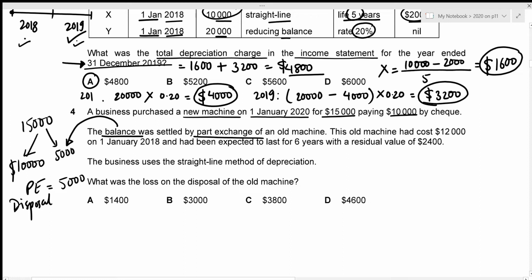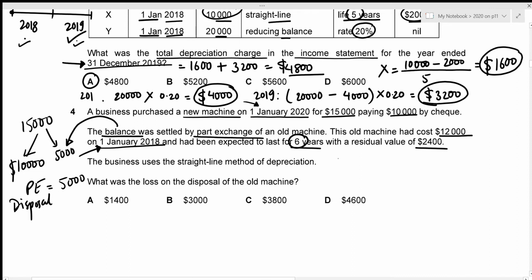And this old machine had a cost of 12,000 on 1st January 2018 and had been expected to last for 6 years with a residual value of 2,400. As we can see, we're given the cost, the residual value, as well as the expected useful life, which means that the depreciation method would be the straight line method. And it was bought on the date of 1st January 2018 and we disposed it on the date of 1st January 2020.